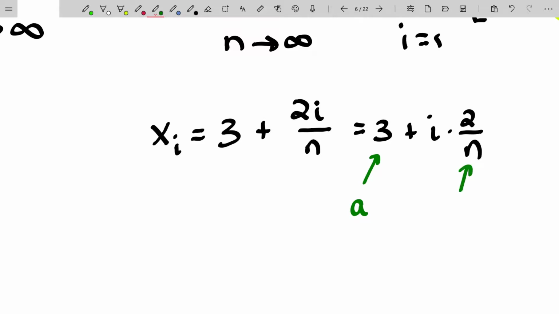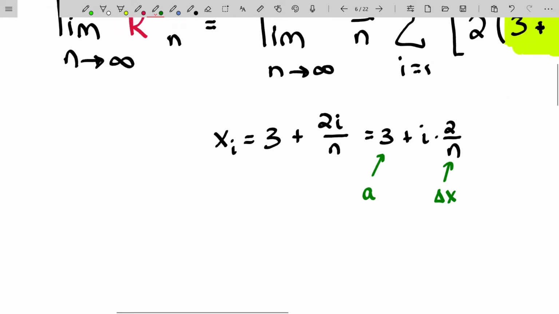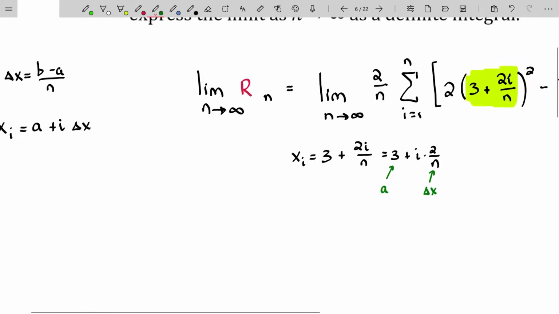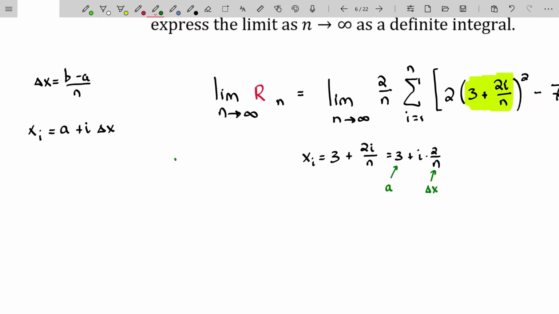And this piece right here must be our average width of our slices, right? Delta x. So we know in this case, a is 3 and delta x is 2 over n.